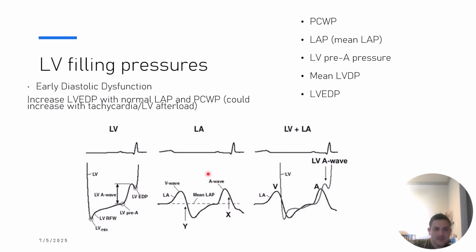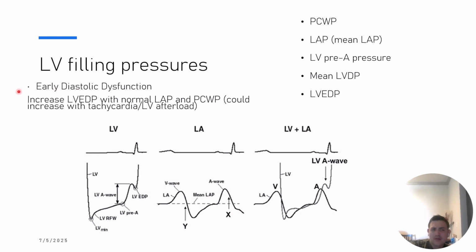To explain LV filling pressure, we have to say that in early diastolic dysfunction you can have an increase of LVEDP, meaning this pressure here, with a normal left atrial pressure or wedge pressure. Remember that this is a continuous circuit. The wedge pressure and the LAP sometimes equate.